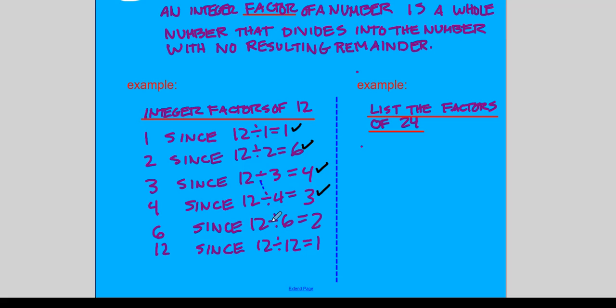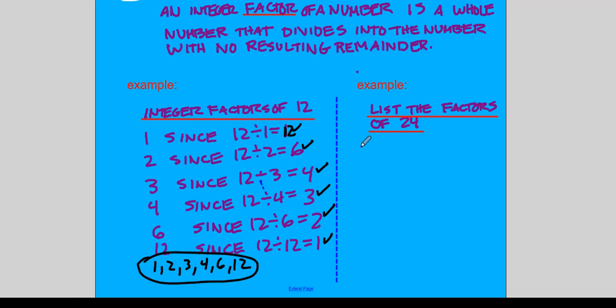And since 12 divided by 6 is 2, that is an integer factor. And 12 divided by 12 is 1. Listing the factors in increasing order, that'd be 1, 2, 3, 4, 6, and 12. So those are the integer factors of 12.